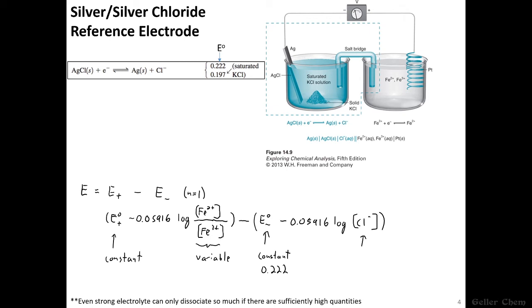And the answer is it's a constant, provided we've saturated the solution for the reasons we went over in the previous slide. So in parentheses we'll write because KCl saturation.